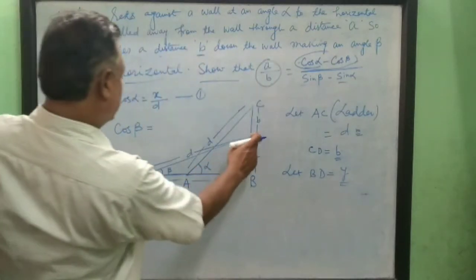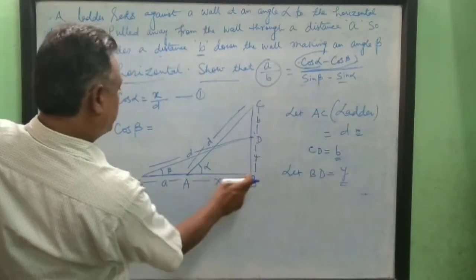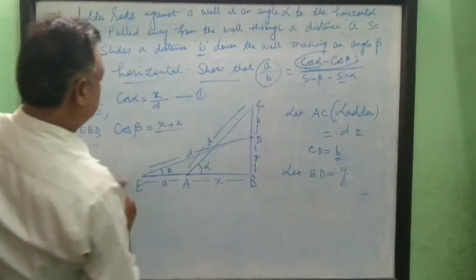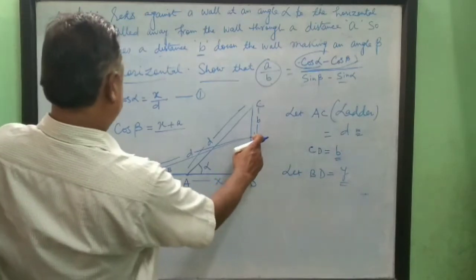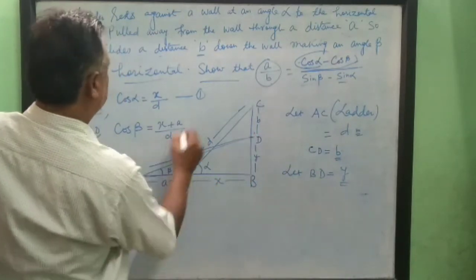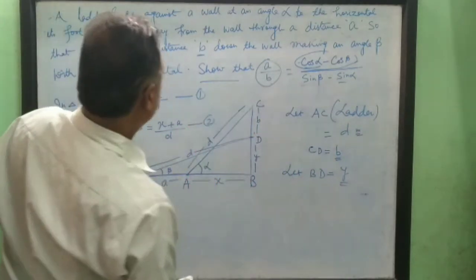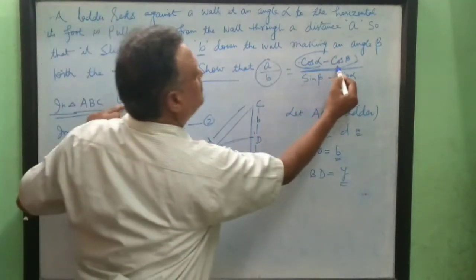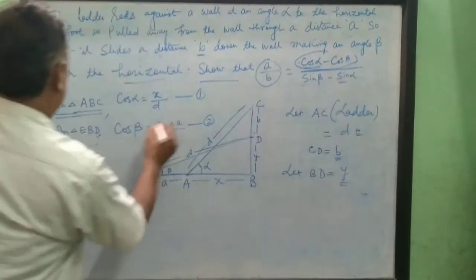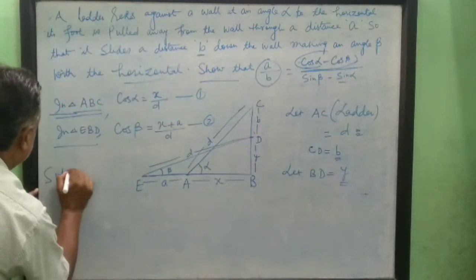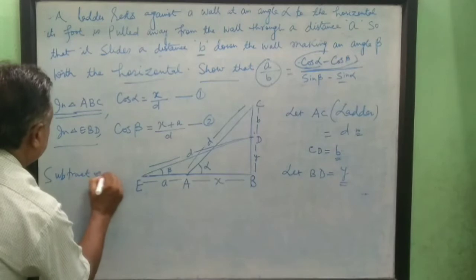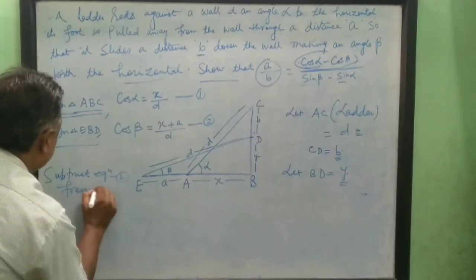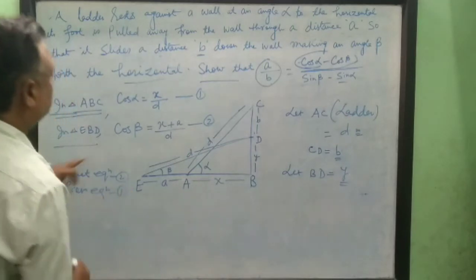So cos beta is equal to x plus a, base. This is base. X plus a by hypotenuse. So this is d. Equation 2. Now subtract 2 from 1, because we have to find out cos alpha minus cos beta. So subtract equation 2 from equation 1.